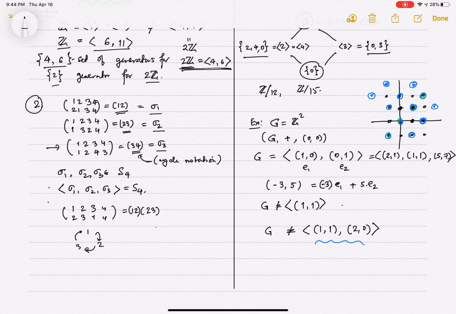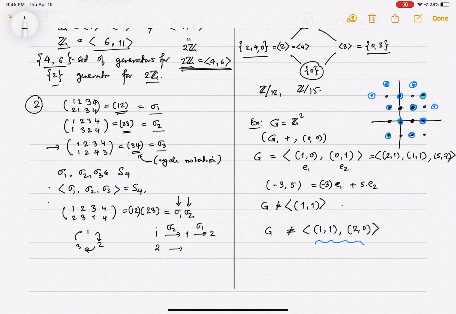Let's check. So that would be sigma 1, sigma 2. Let's take 1 and apply sigma 2 first. Remember, we apply this one first and then that one. That's how the composition works in this group. Take 1, apply sigma 2, which means flipping 2 and 3, so 1 stays at 1. Then apply sigma 1, goes to 2.